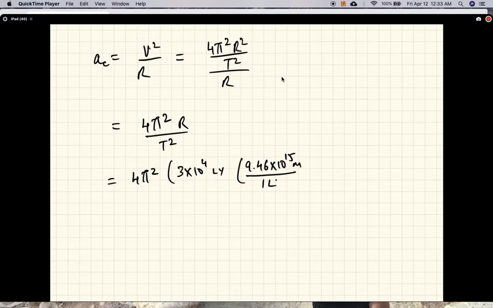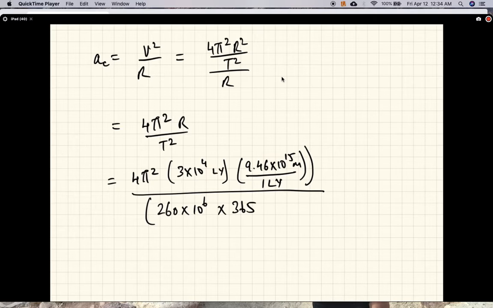That's 1 light year, so there is the conversion factor. Divided by T squared, 260 million years, 260 times 10 to the power 6 years. Now each year has 365 days, each day is 24 hours, 3,600 seconds. Okay, this has to be squared.